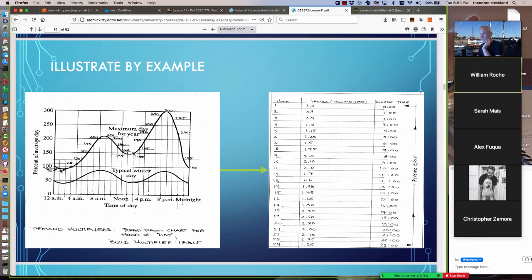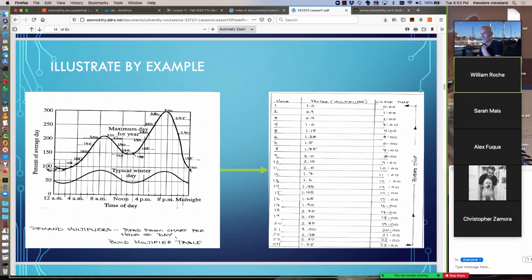So this is a chart that shows the variation compared to a typical winter day, and then we have an average day. So you could visualize an average day as a horizontal line passing through 100%.